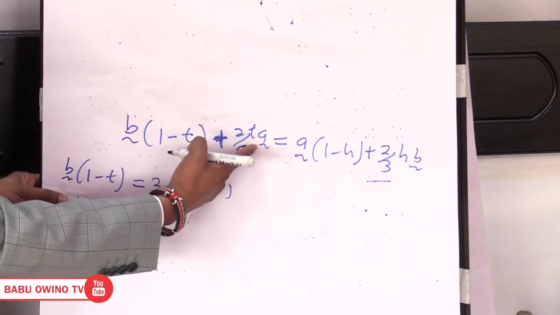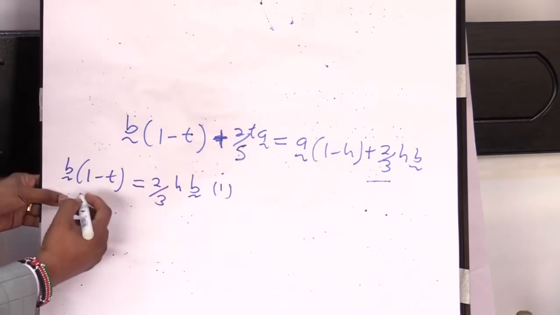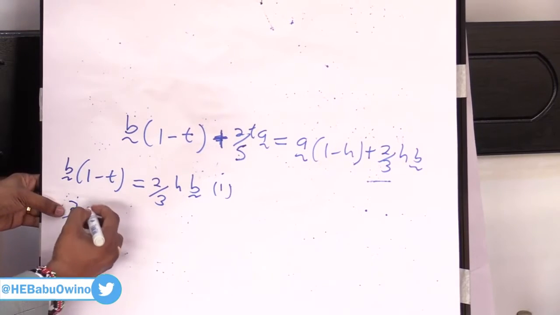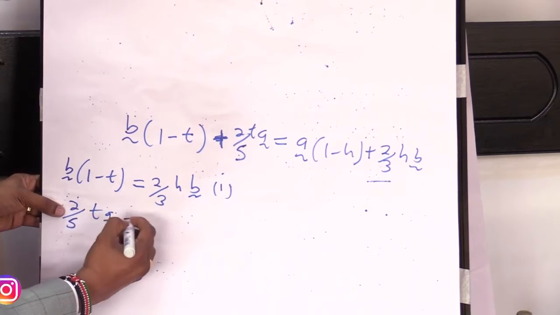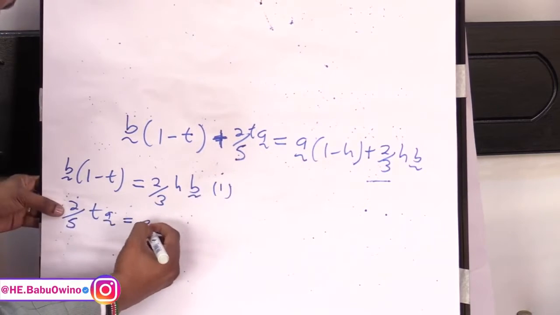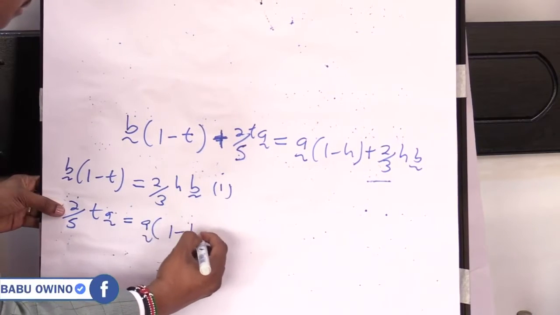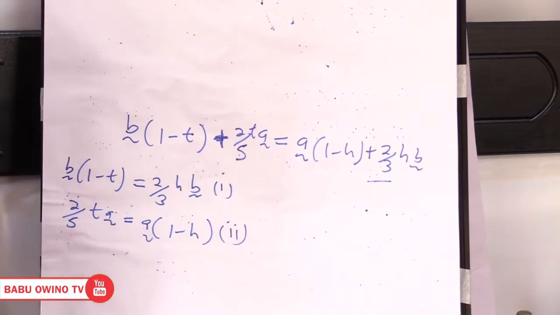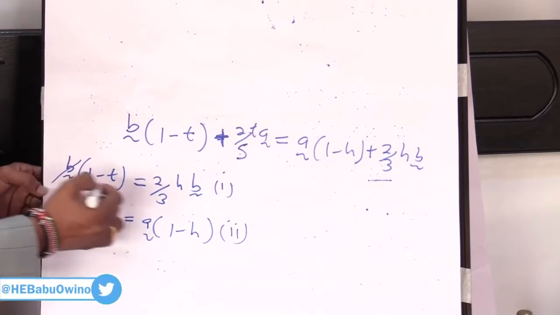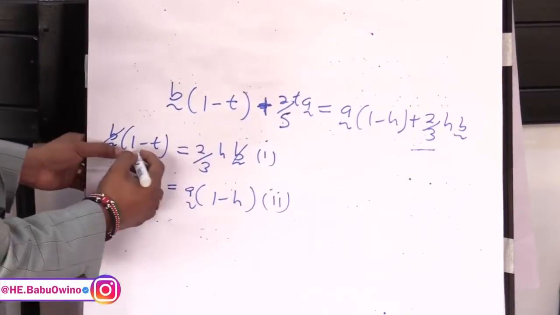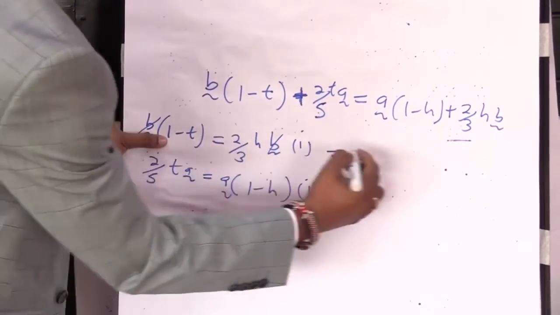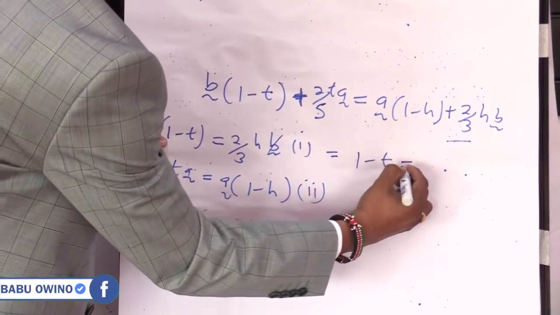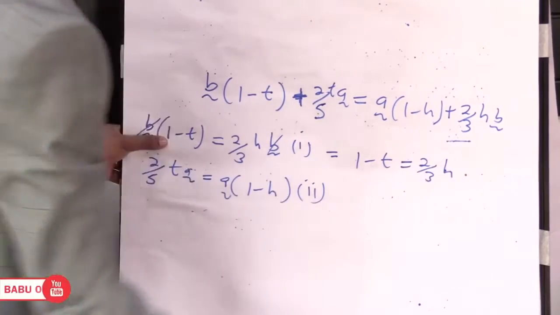The next equation, the value of A here, which is 2 over 5 of TA, equals A into 1 minus H. This is another equation. So this forms two simultaneous equations. This B cancels this B, so here you remain with 1 minus T equals 2 over 3 H.